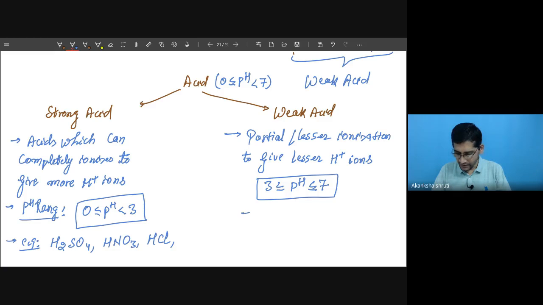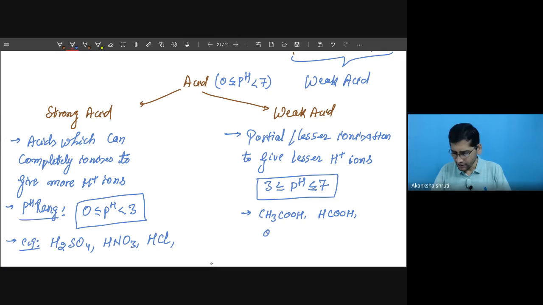And organic acids, meaning acids of carbon, are weak acids. Even this acetic acid, CH3COOH, even HCOOH, even tartaric acid, all these things, lactic acid which is present in milk, they are weaker acids.